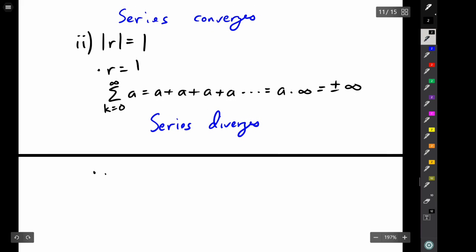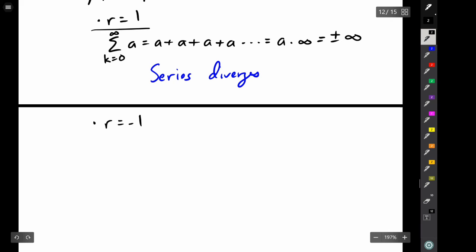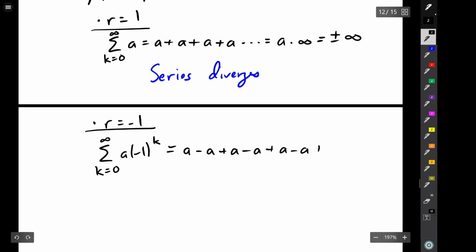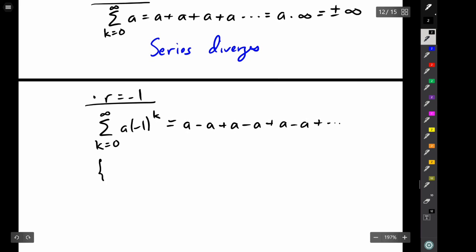Let's look, though, what if r is negative 1? Okay? If r is negative 1, well, then we're looking at a series like this. Right? So this is a minus a plus a minus a plus a minus a, and so on. And what's going to happen there? Well, let's look at the sequence of partial sums. Right? The first term is a. If I add the first 2, I get 0.